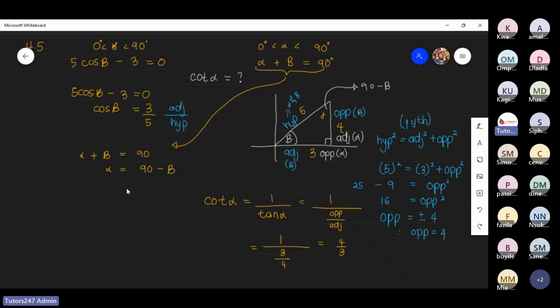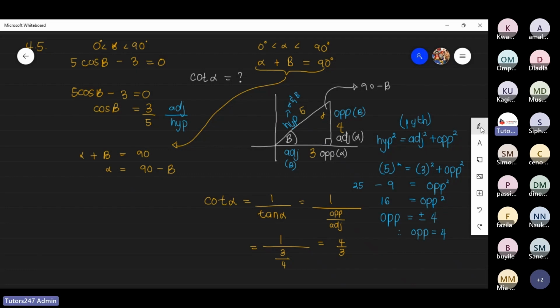So we were then able to find what our adjacent and what our hypotenuse of our particular triangle is. Now, from there, because we were missing our opposite, we then used Pythagoras to find it. Once we used Pythagoras to find it, we ended up with the issue of, is the value of our opposite positive or is it negative?